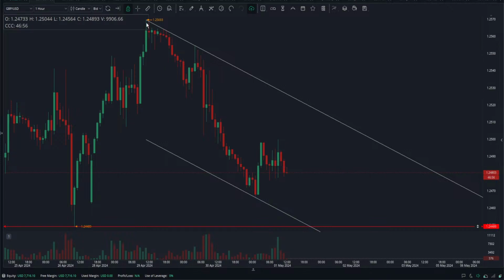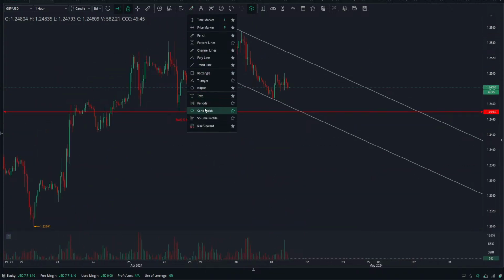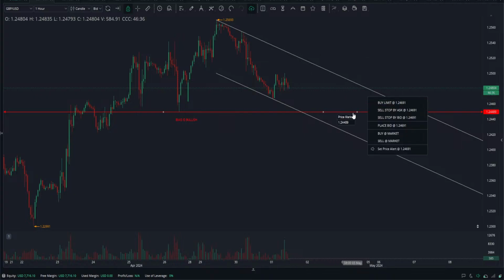From this high the price started going lower, and when you see that this falling trend line, this falling channel, is taken out to the upside like this.